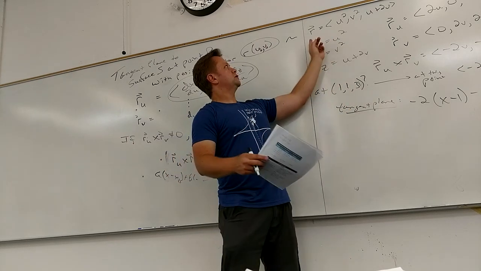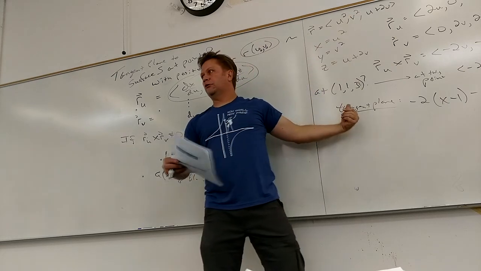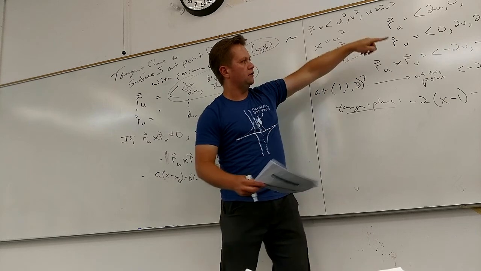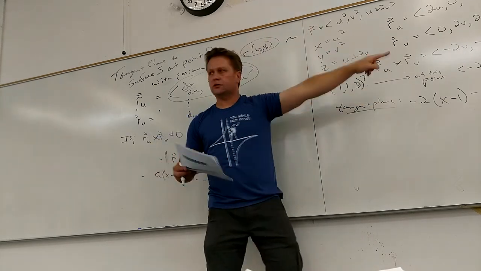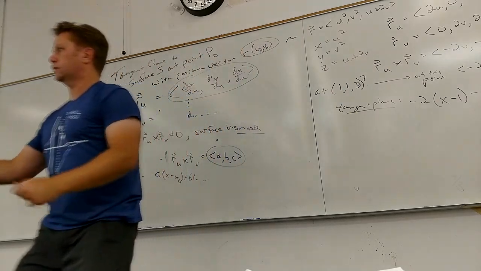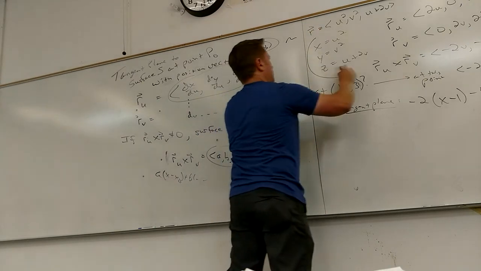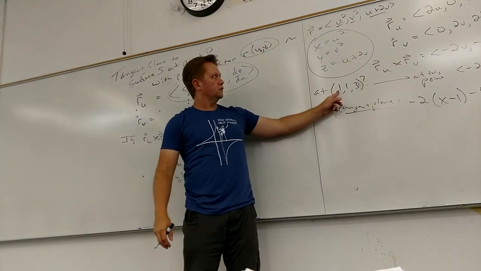A problem in the book would say, find the tangent plane to this surface at the point 1, 1, 3. So you would find this, you plug that in, you get the specific stuff at that point, and that's the normal vector, so it's just the coefficients, right? The A, B, C coefficients. So are you letting x equal u? Well, that's right here. This was given to me. So at the point 1, what's u?